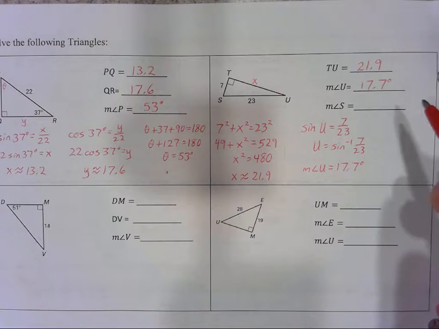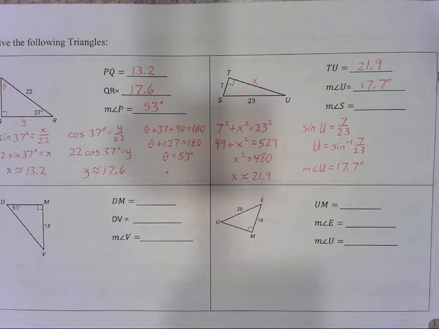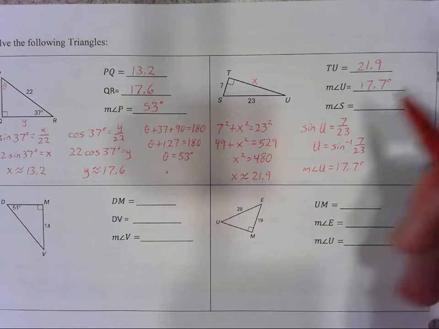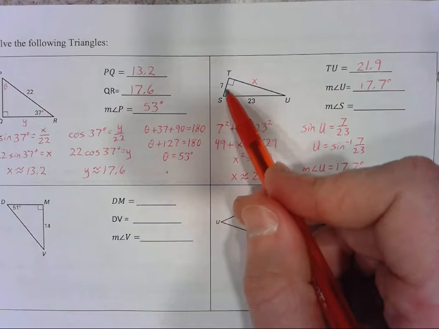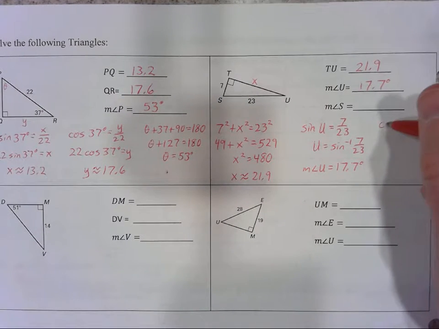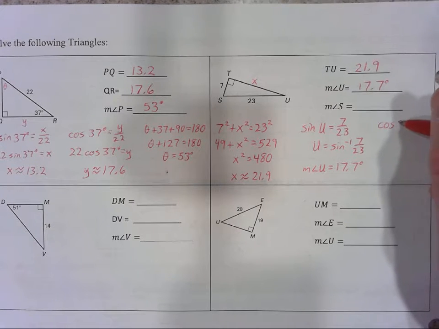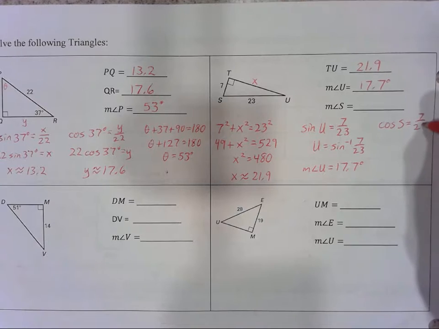Well, once you know a second angle, you can always use that to find the third. I'm going to use measure of angle S, using the sides that I was given to start with, 7 and 23. That's the adjacent and the hypotenuse. So cosine of S is equal to the adjacent side over the hypotenuse.